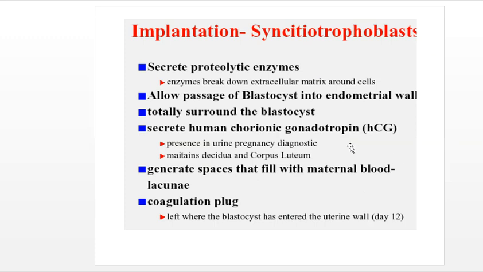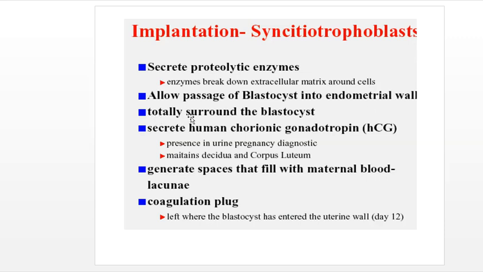This syncytiotrophoblast is very important because these cells secrete one specific proteolytic enzyme that is named matrix metalloprotease. This enzyme breaks down extracellular matrix around the cells, and as a result the embryo does more penetration and more implantation. And also the syncytium allows passage of the blastocyst into the endometrial wall.